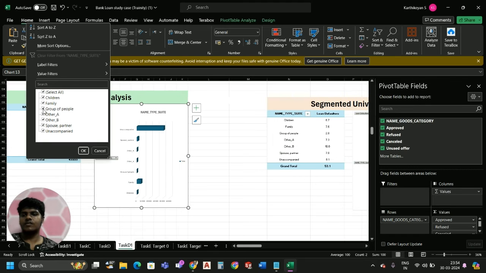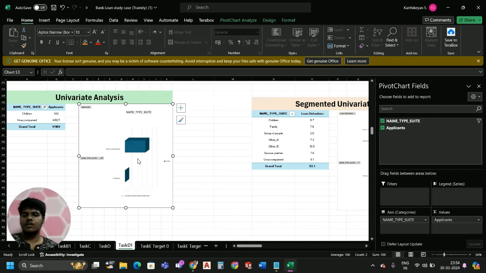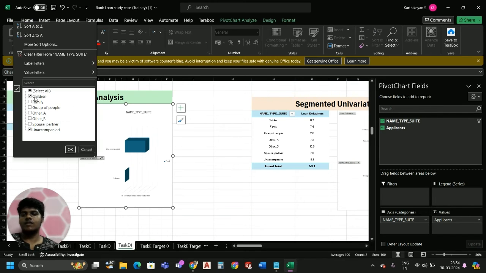So here we can also filter. Compared to children and accompanied, the client who came alone has the most number of applicants.